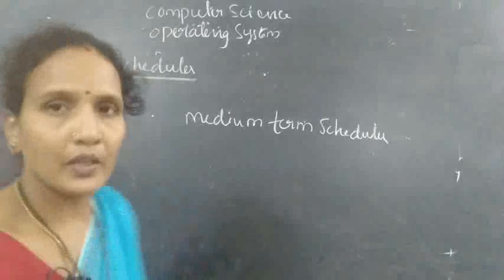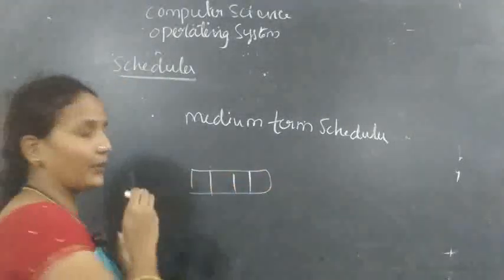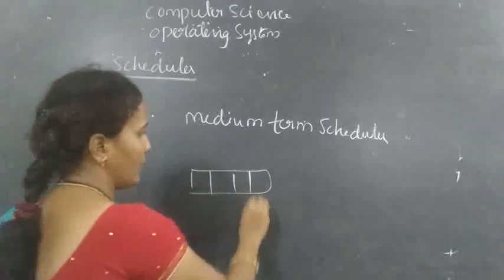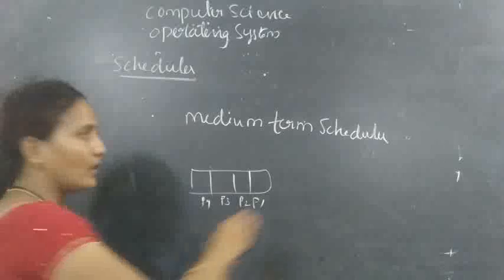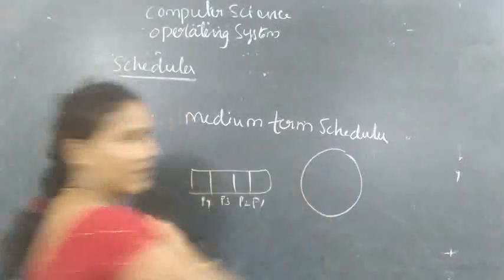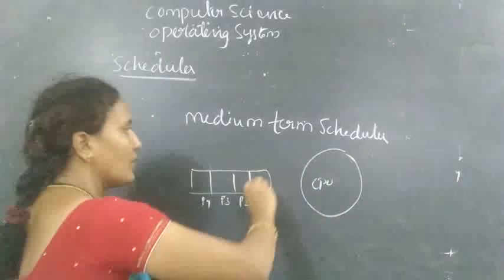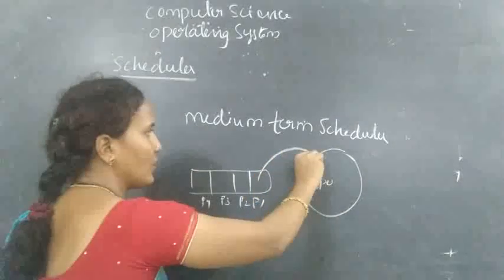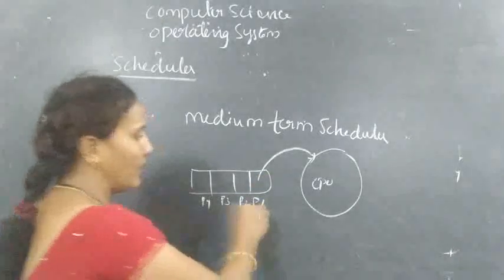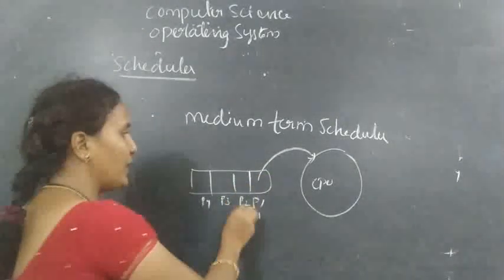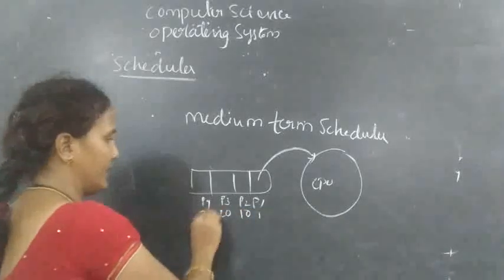For example, here there is a queue of processes which are waiting for execution: P1, P2, P3 and P4. Now, this is an example processor which is executing programs. First P1 enters the processor and the P1 execution time is only 1 millisecond. Next P2 execution time is 10, then 20, 30.